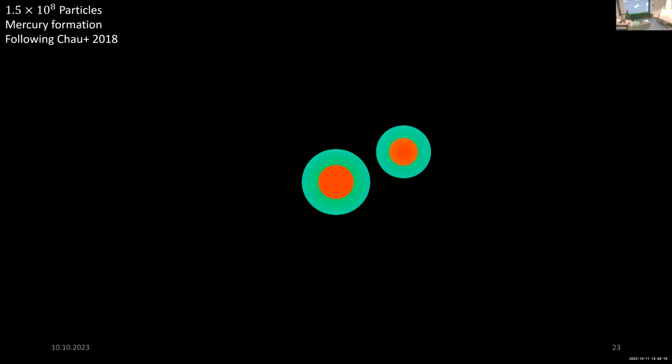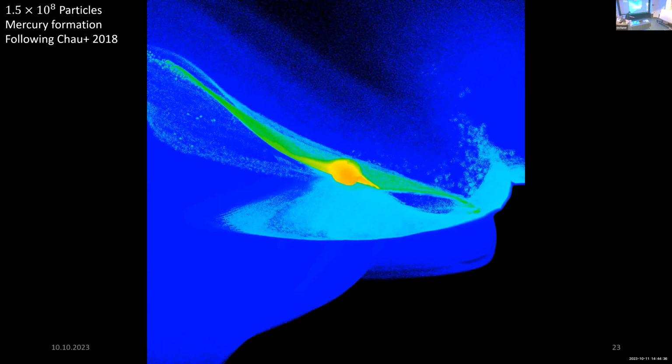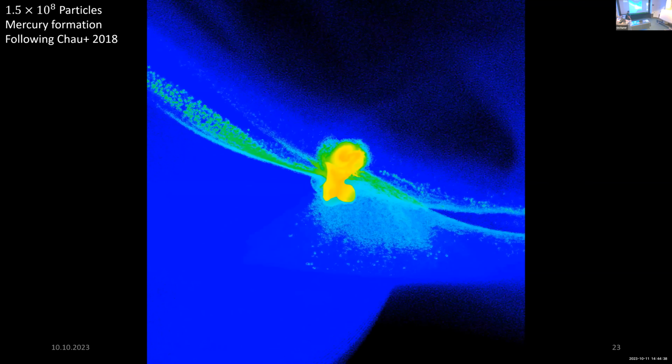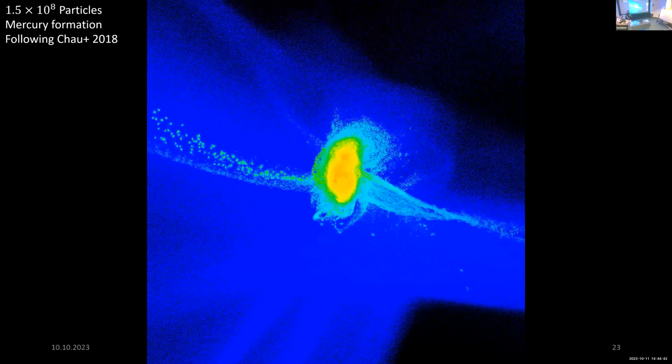It's 150 million particles, with a 2.25 Mercury mass target and a 1.125 Mercury mass impactor. And they collide. Oh no, on my laptop it's really smooth, but here it's, that's Zoom, right?